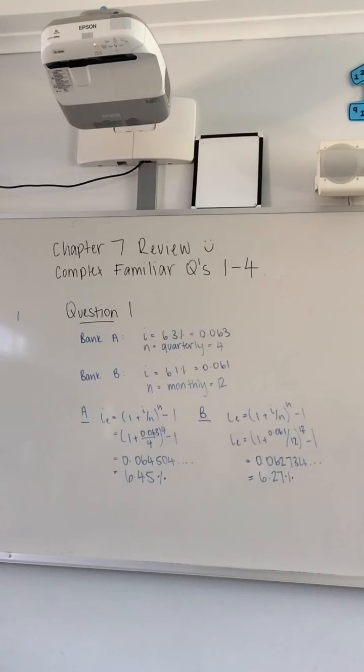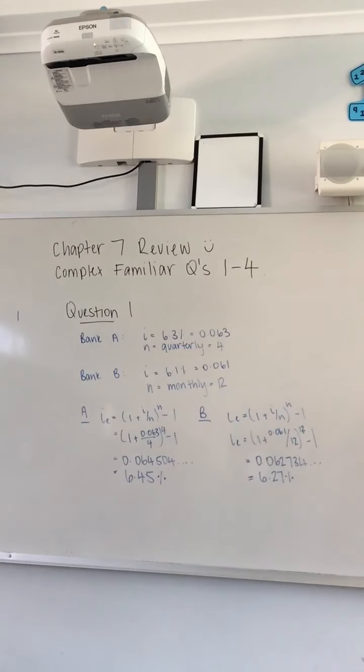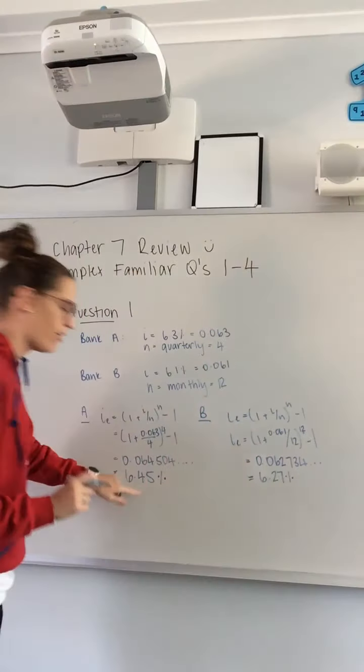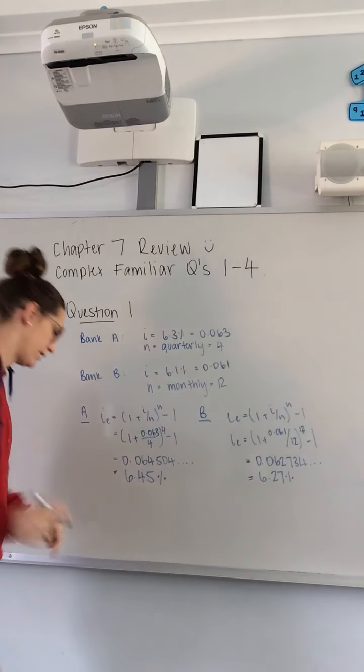Now it wants to know which investment account Megan should choose. Justify your answer by explaining how you compared the 2 investment options. Well, if we're investing, we want more money, so we want a high interest rate. Bank A is where we want to be. That's got the highest rate. So in our justification, I will write it on the board, probably good to have there. I would say she should choose Bank A because of the higher rate, higher interest, means more money we earn.